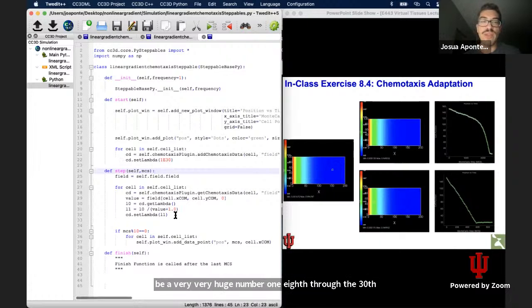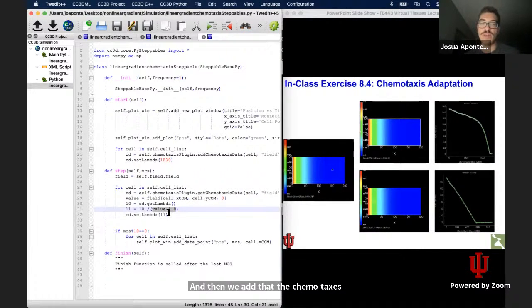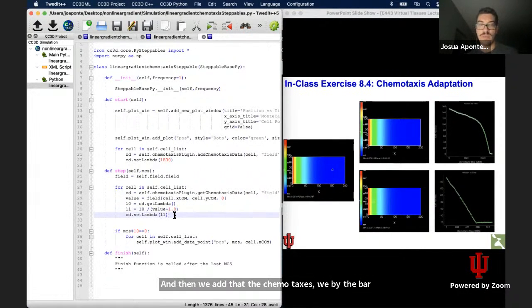And then in the step function, we measure the value of the field at the center of mass of the cell, and then we adapt the chemotaxis by the value of that concentration.